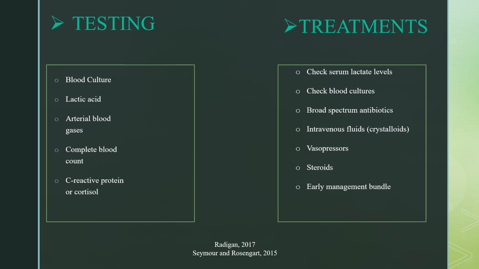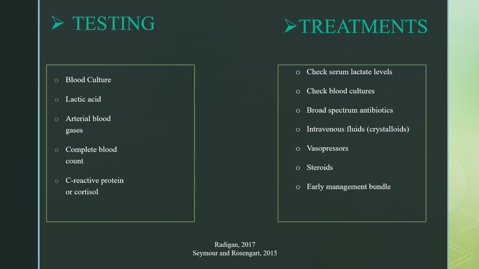Some of the treatments that the doctors will use to treat septic shock is to see what that lactate level is and to see what the blood cultures result as. They will also treat originally with broad spectrum antibiotics until the culture sensitivity results are in.